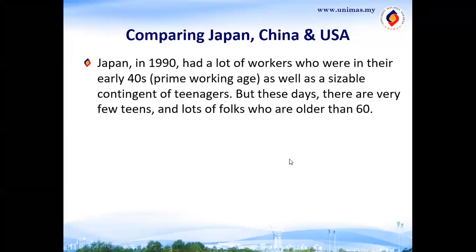Alright, so we just comparing these three countries. Yeah, Japan, for example, 1990 had a lot of workers who were in their early 40s, and those are the prime working age. Tapi these days there are very few teens, ya, tak banyak orang muda, and lots of old folks, ya, old folks who are older than 60.